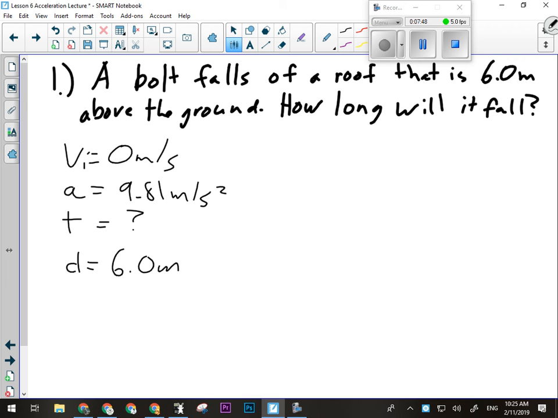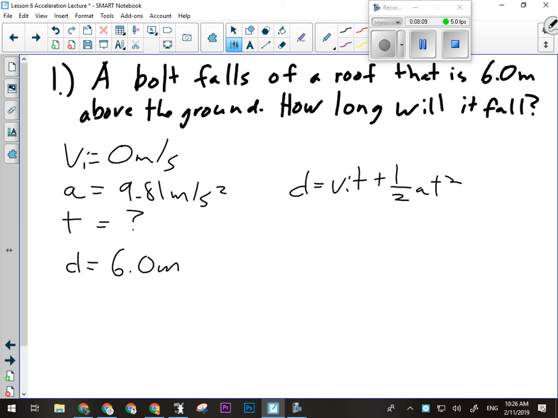Okay, which formula am I looking at here? I have VI, A, D, and T. Well, I'm looking for T. Exactly, it's this one.